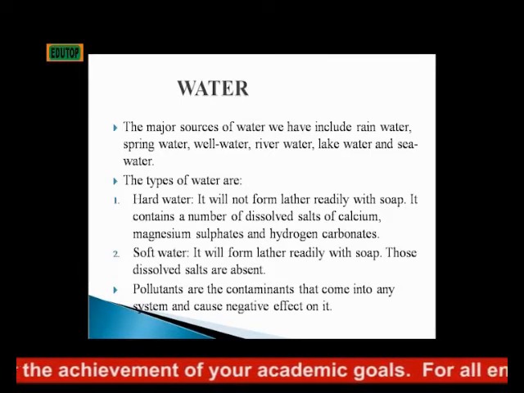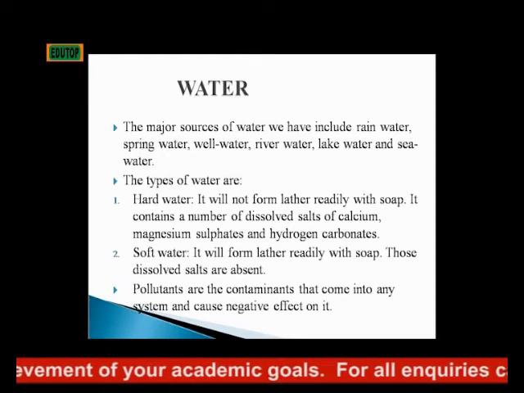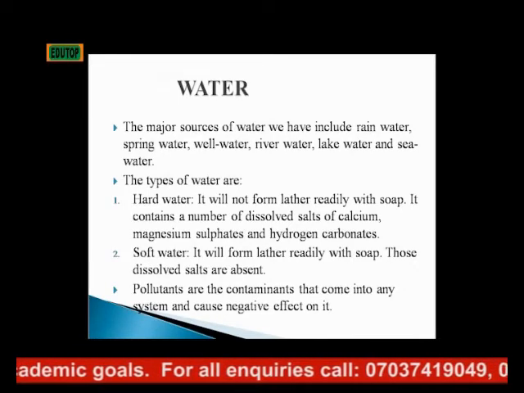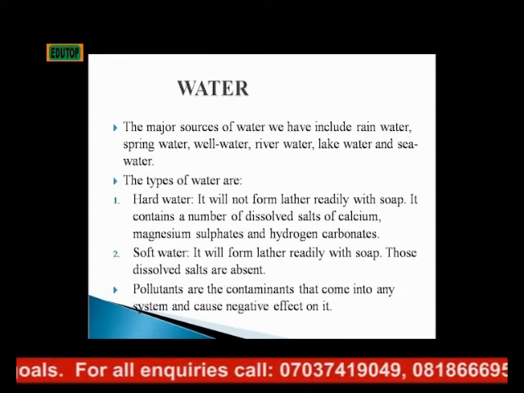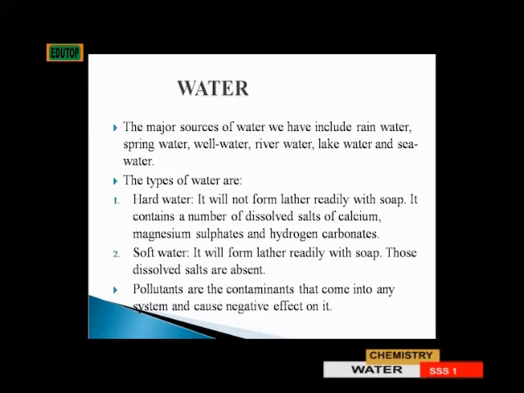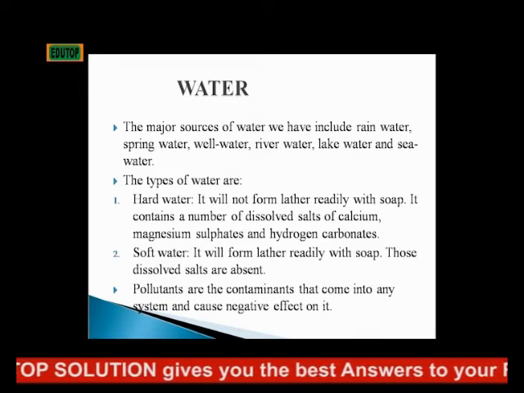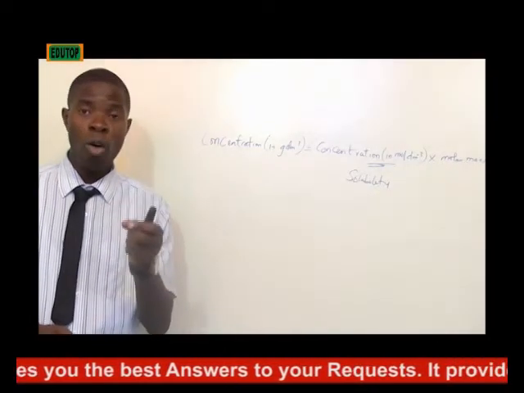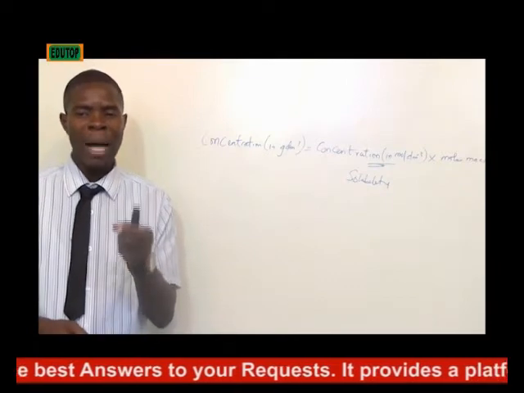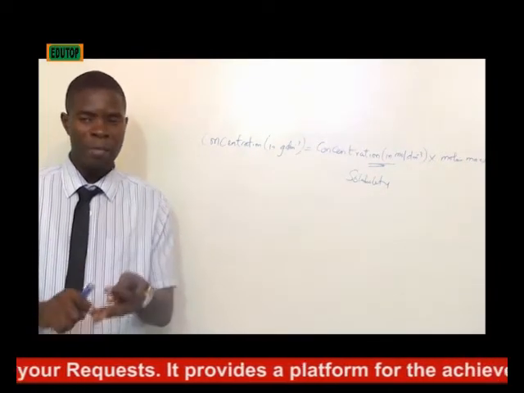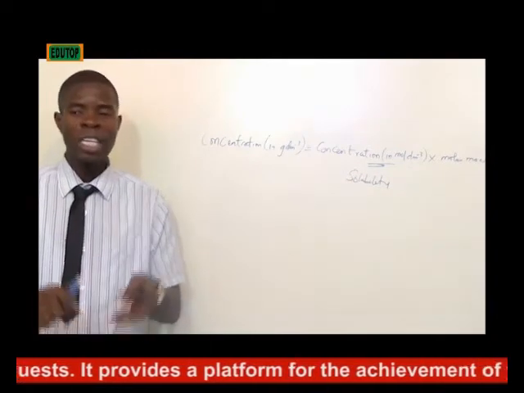It will not form lather readily with soap. It contains a number of dissolved salts of calcium, magnesium sulfate, and hydrogen carbonate. So hard water can only be recognized when it is perceived that it contains calcium, magnesium sulfate, and hydrogen carbonate.